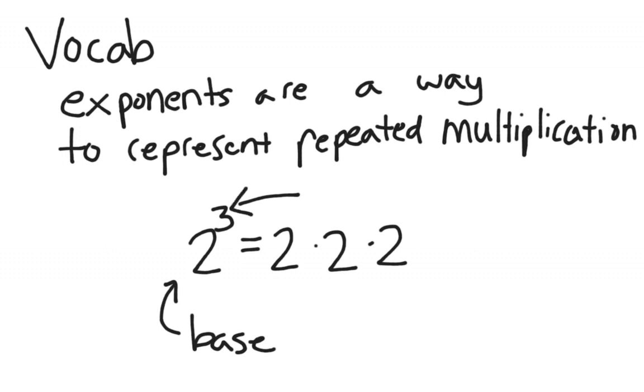The number of times we multiply is called the exponent, or the power. Those two words are completely interchangeable. Exponent and power mean the same thing. It's the number of times you're multiplying the base by itself.